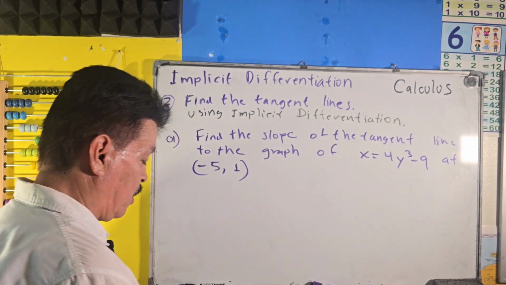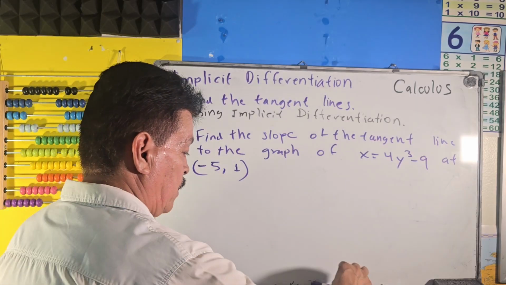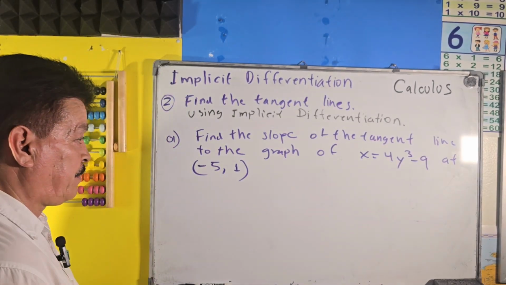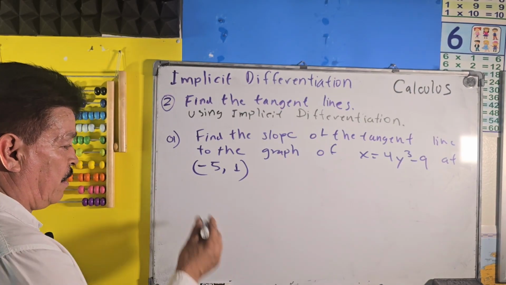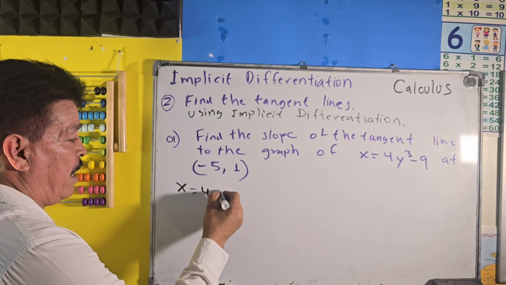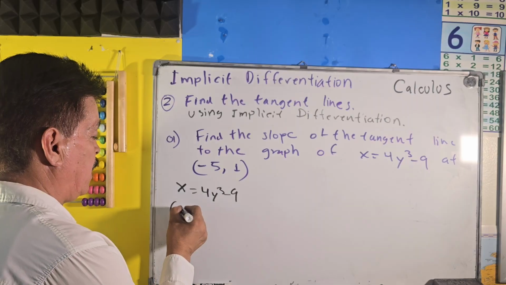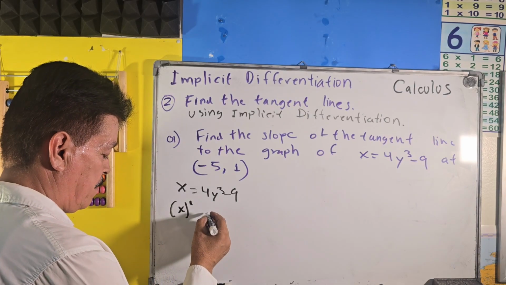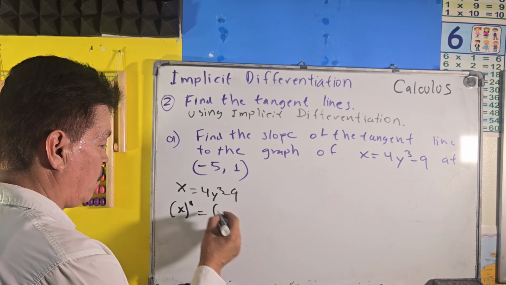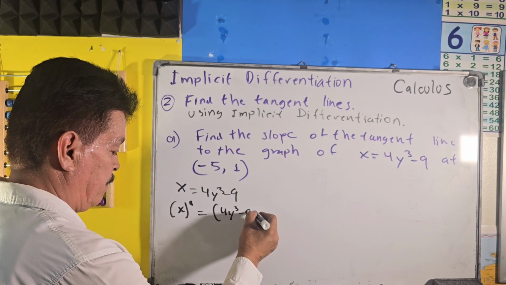Now let's do it step by step. So we have x again equals 4y cubed minus 9. The same process that I did before: the derivative of x equals the derivative of 4y cubed minus 9.